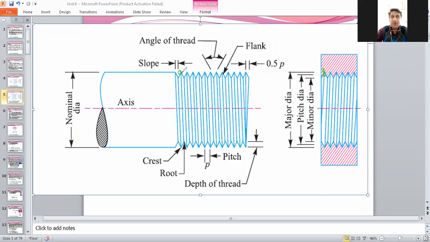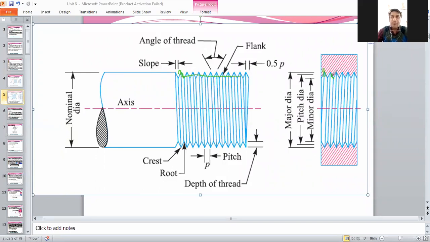But this slope will be completely in contact with the slope which has been provided on the nut, and complete contact is expected at the pitch diameter, that is, at the mean diameter.